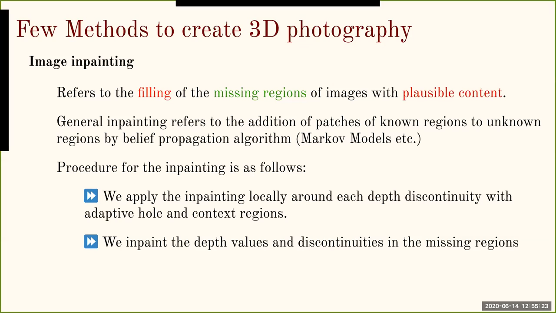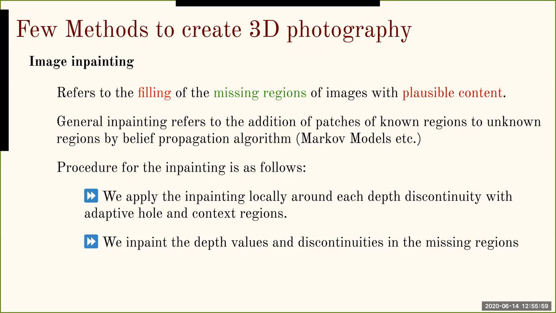Our procedure for inpainting is as follows. We apply inpainting locally around each depth discontinuity with an adaptive hole and context region. As I said before, our method can synthesize different layers by proposing a certain area. Earlier methods used a fixed number of layers, say 2 or 3, but our method can iteratively decide how many layers to use to give an immersive experience in the creation of 3D content.